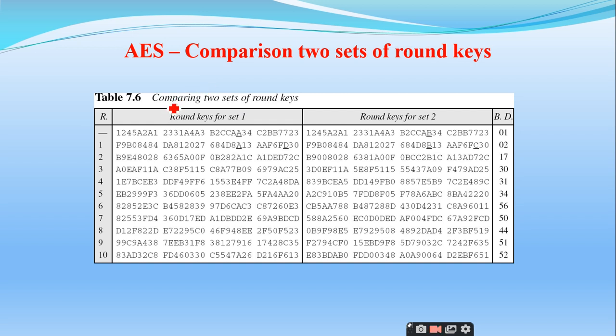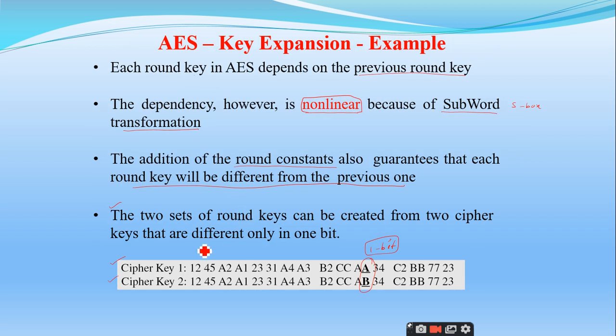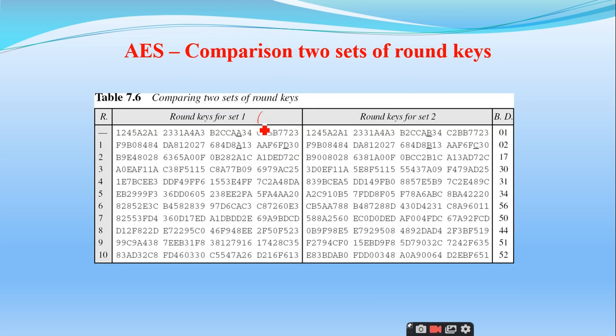If you take the first cipher key, this one, which has AA, and this is AB. So in the preliminary round there is only one bit difference. BD stands for bit difference, only one bit difference. And in the second round I have 2 bits of difference.